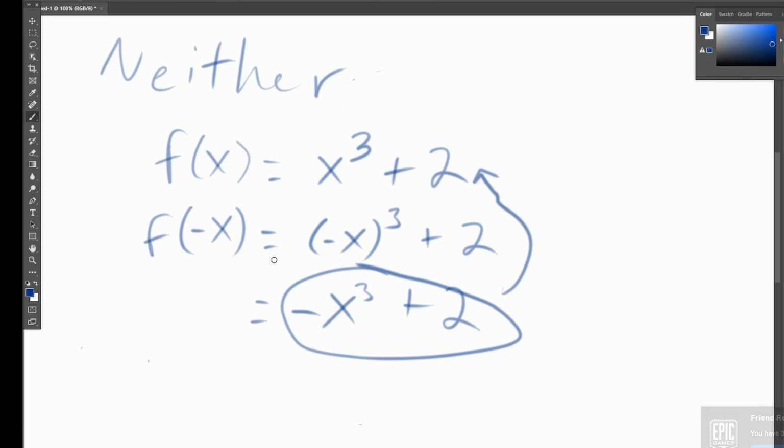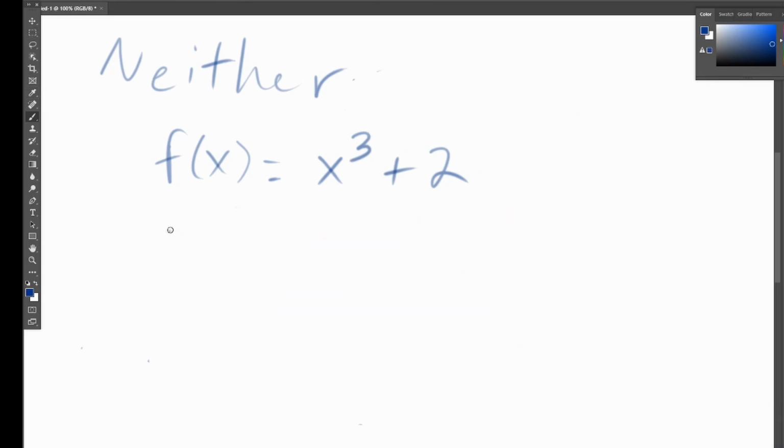And if we plug in some numbers, if we plug in f of 1 and then f of negative 1, we'll have 1 cubed plus 2, which is going to be 3.